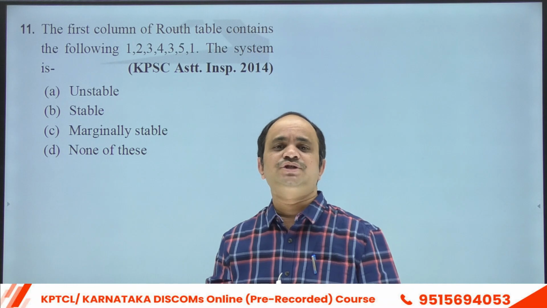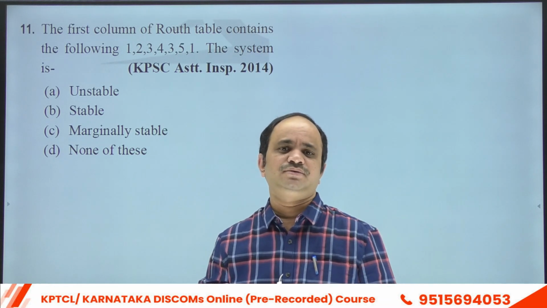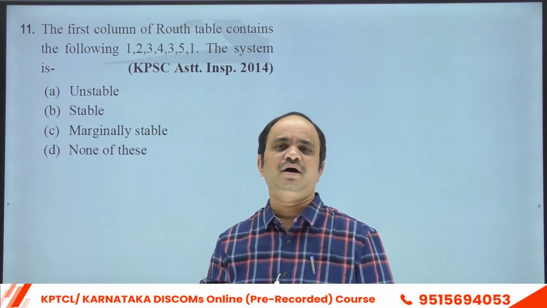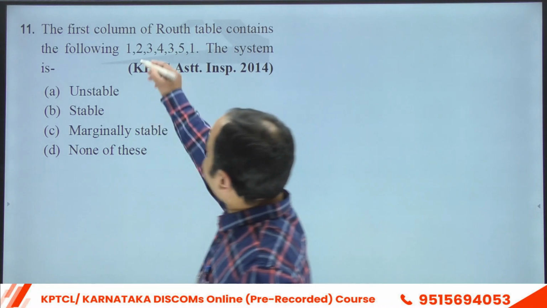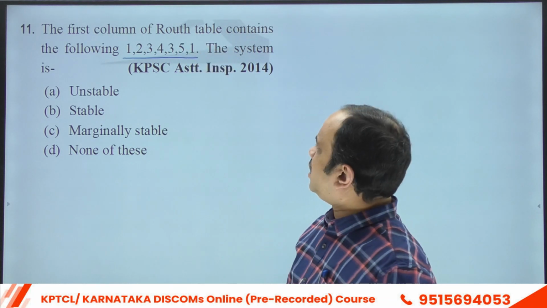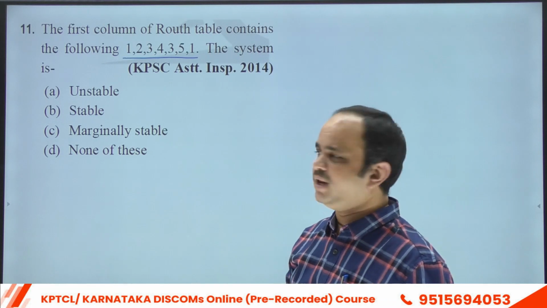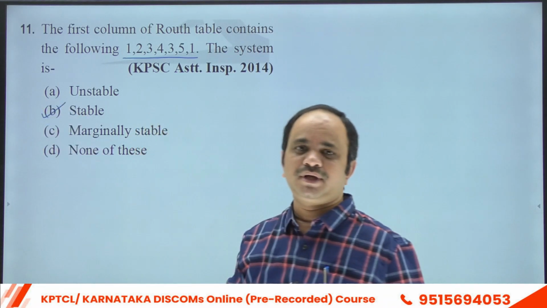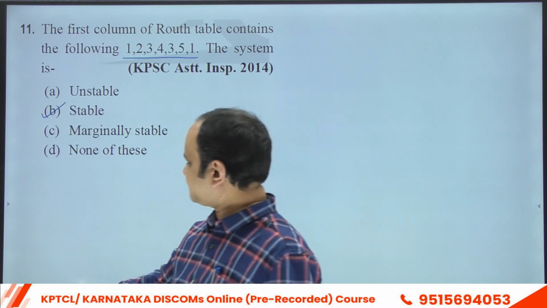If any sign change appears in the first column, the number of sign changes indicates the number of poles present in the right half of the S plane. But here, all the elements of the first column are positive numbers. Therefore, there is no sign change in the first column, and hence the given system is a stable system. So the answer will be option B.